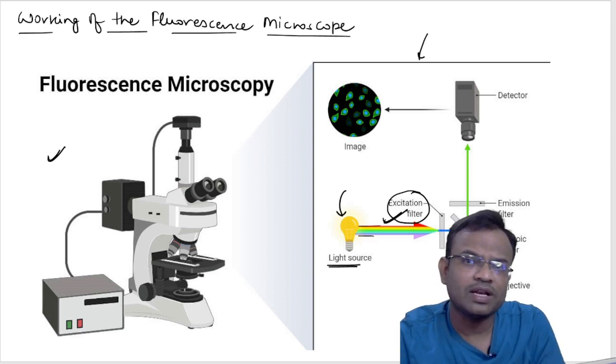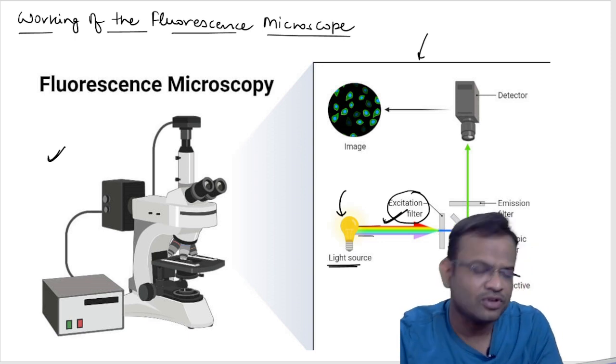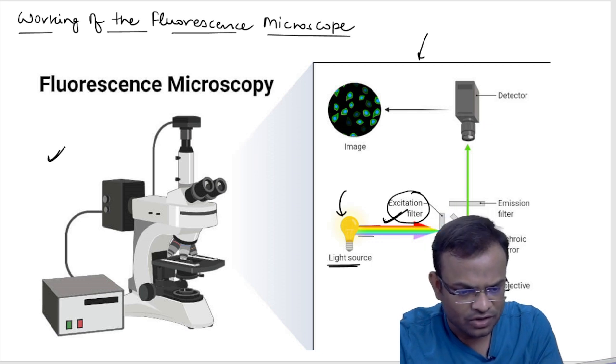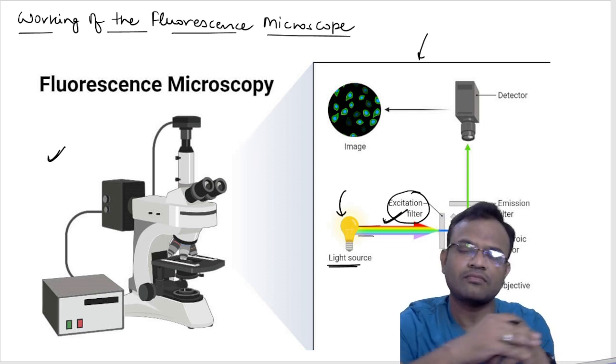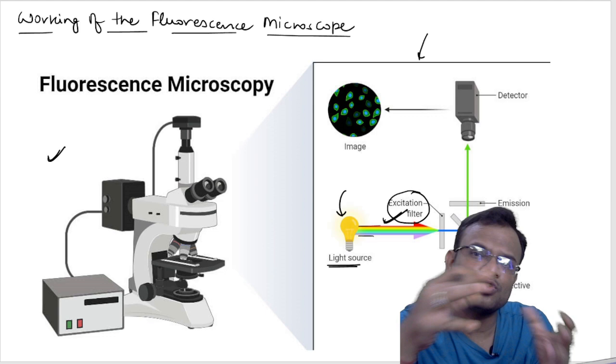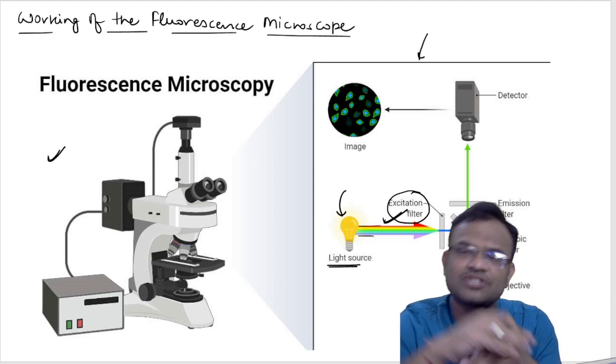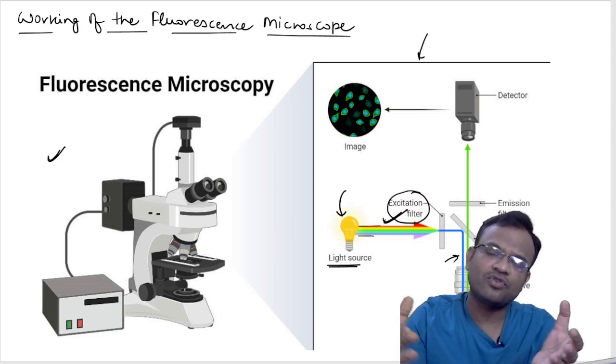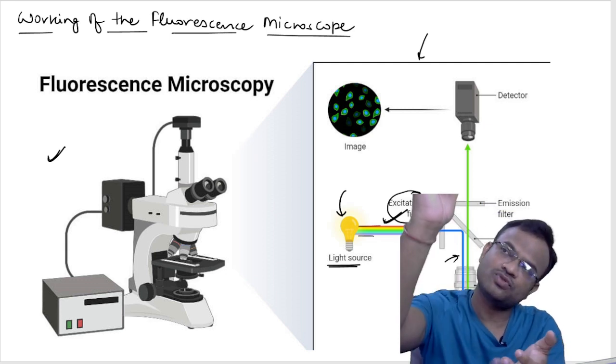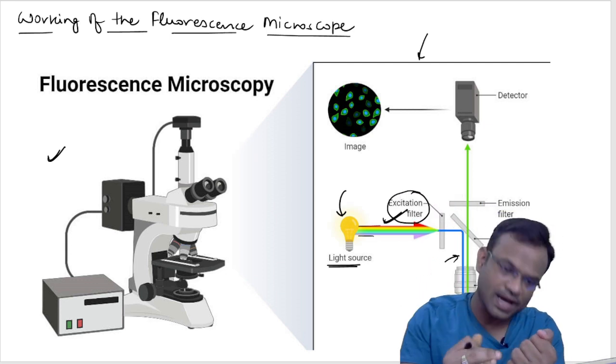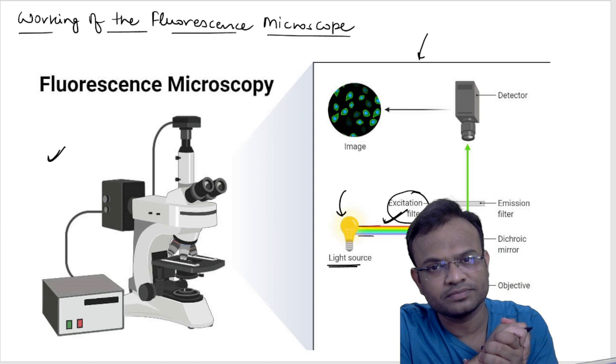This light of a particular wavelength falls on the specimen. Remember, the specimen was coated with fluorophore. As soon as the light falls, the fluorophore gets excited. The electron moves to the higher orbital. When it comes back, fluorescent light is emitted.